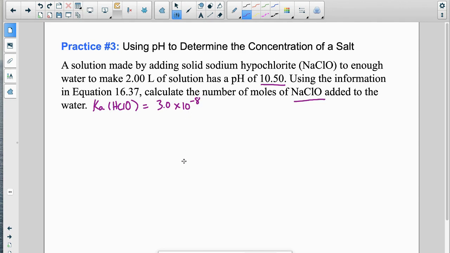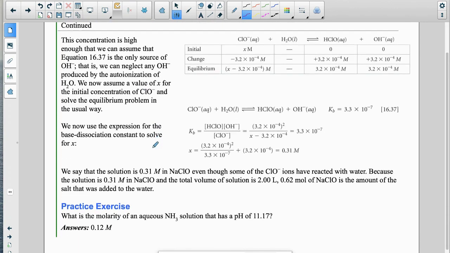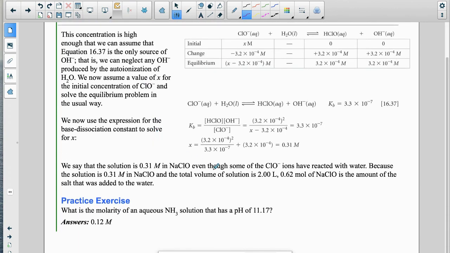Pause the video and give this problem a try. Then on the next slide, the solution is provided here. And the answer is 0.62 moles of sodium hypochlorite. And that's the amount you would need to add to enough water to make 2 liters of solution to make the pH 10.5.